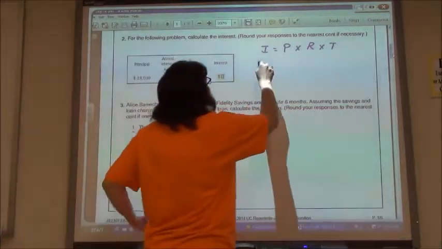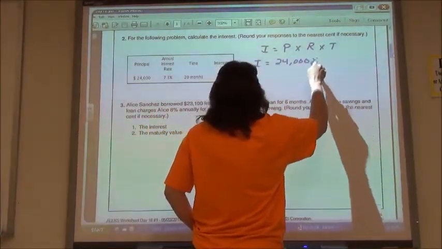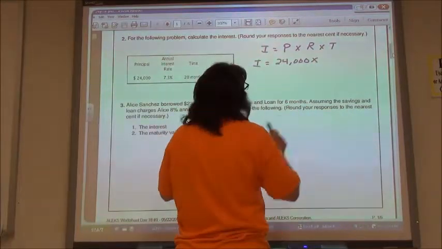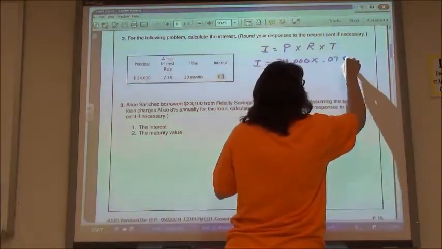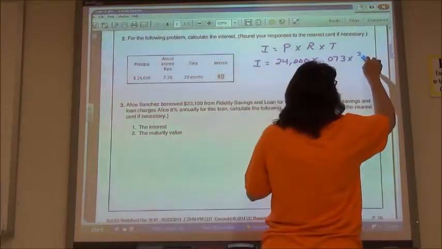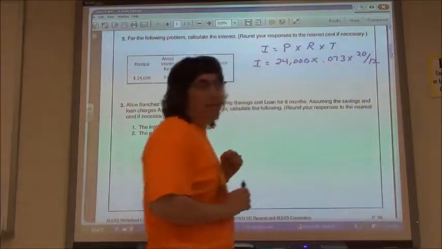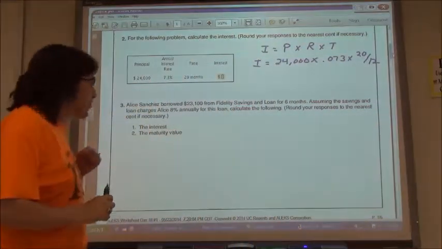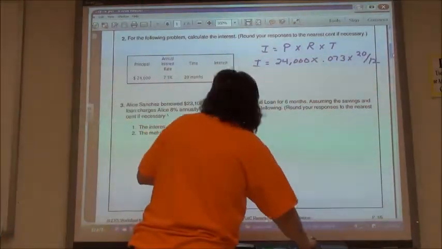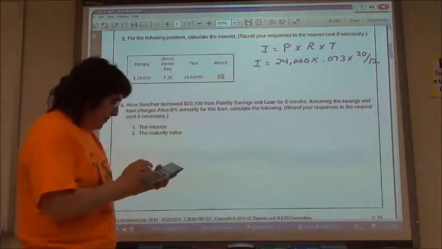So my principal is $24,000. The interest rate is 7.3%, so 0.073. My time is 20 months, so I'm going to do 20 divided by 12. 20 twelfths, 20 divided by 12.